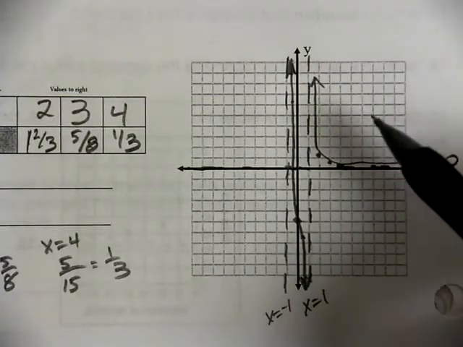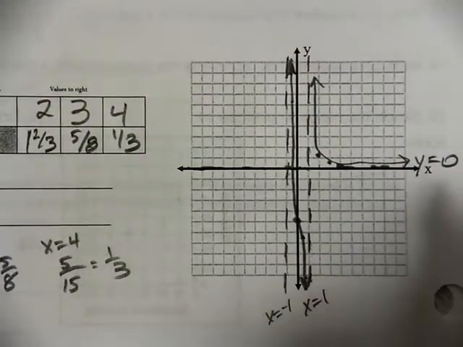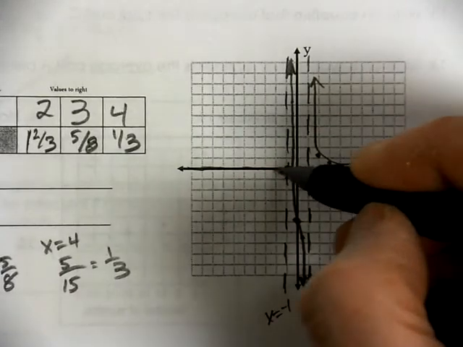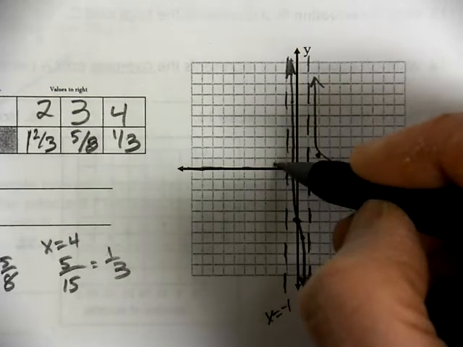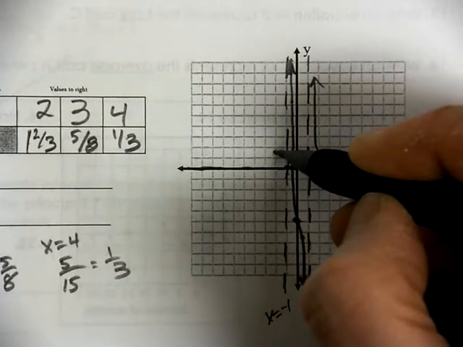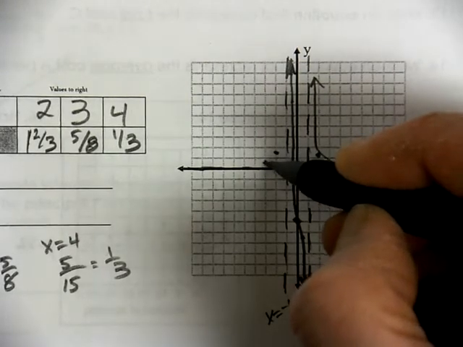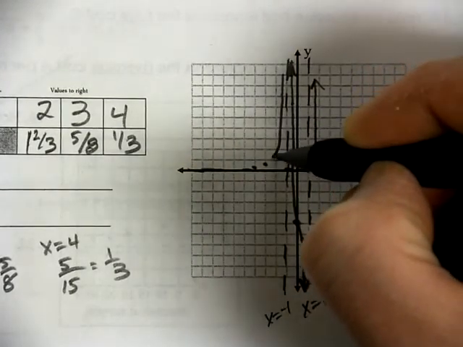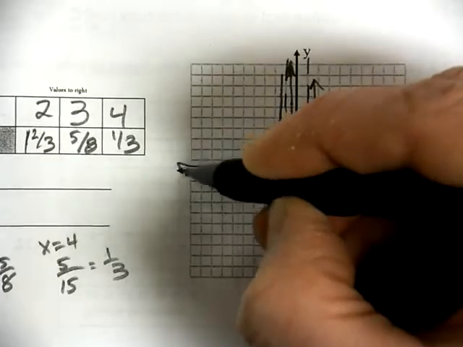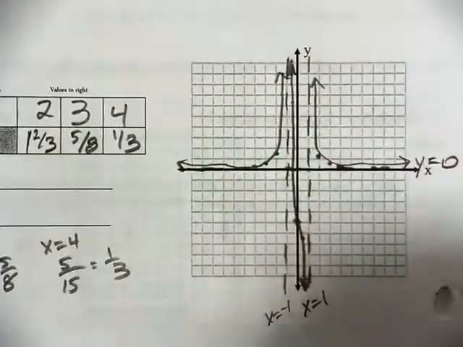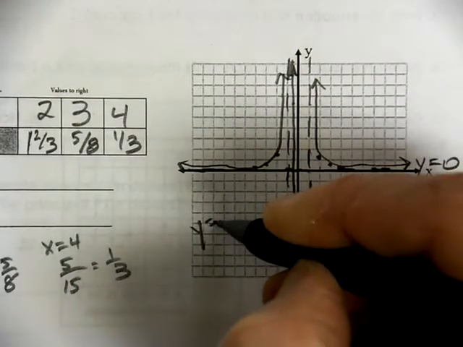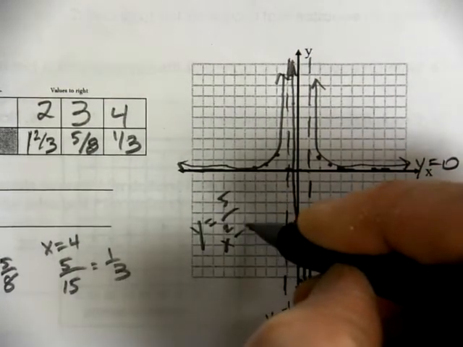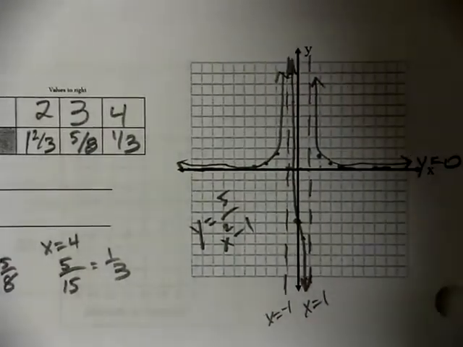You can't cross the horizontal asymptote at the extremes, which are the right and the left. At negative 2, we're up at 1 2/3, then 5/8, then 1/3. We get y equals 5 over x squared minus 1 as our graph.